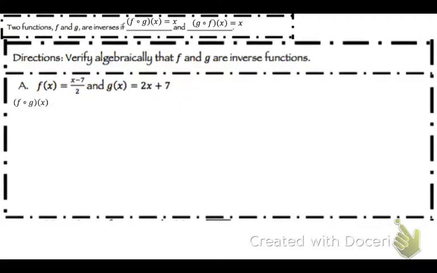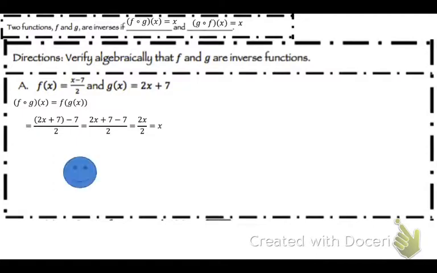First let's do f of g of x, and this has to equal x. We're putting g of x into f. So that's (2x plus 7 minus 7) divided by 2. 7 minus 7 is 0, so you get 2x divided by 2, which is x, which is what we wanted, so that one's good.